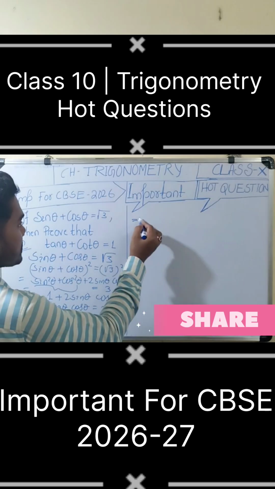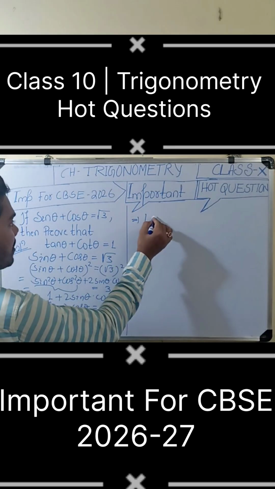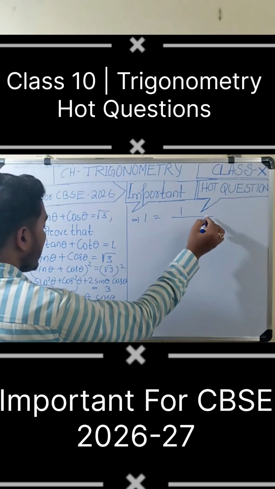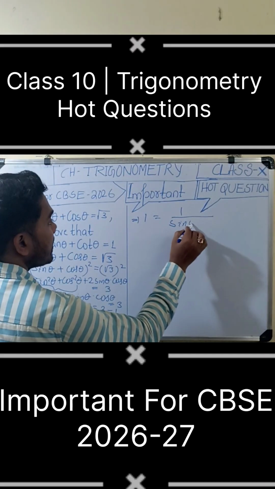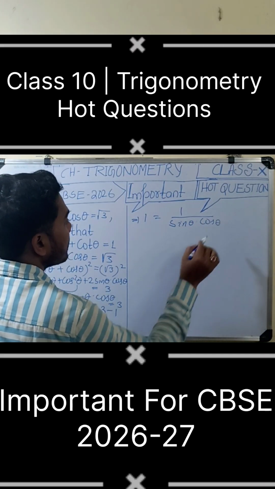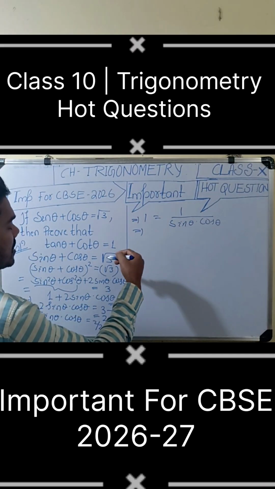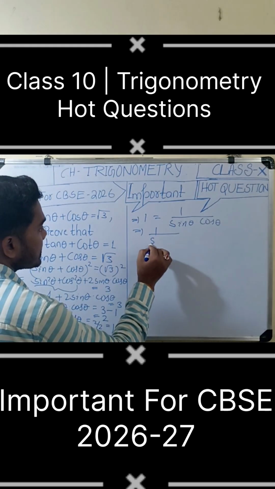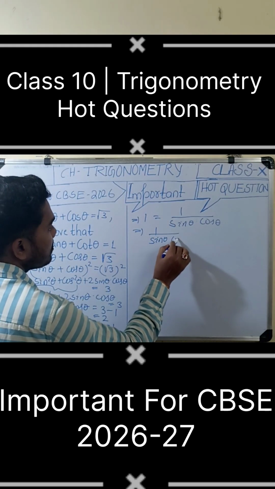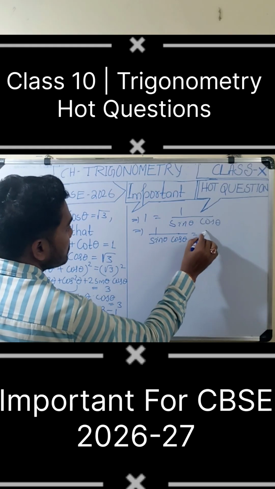So you can transpose this again, students, and you will get 1 is equal to 1 by sin theta into cos theta. Okay, so you can alternate the sides. That is, 1 by sin theta into cos theta is equal to 1.